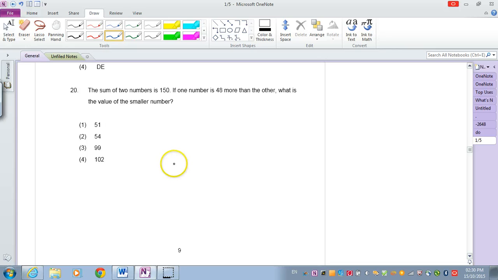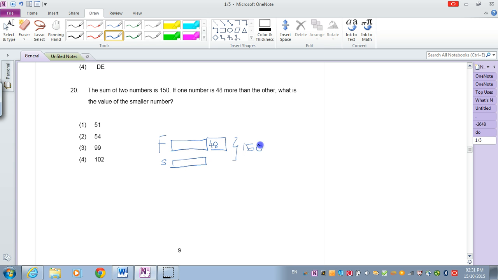So I'm going to write here first number, and the first number is 48 more than the second number. So this is the second number. Alright, and both of them give a sum of 150. So what is the smaller number?